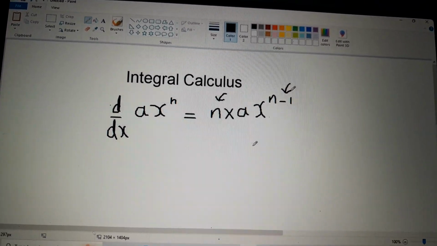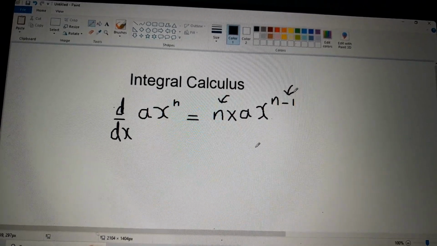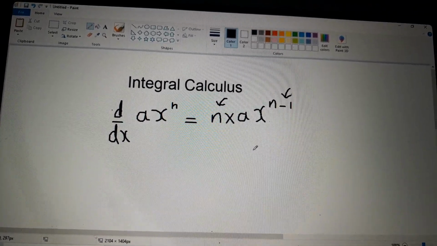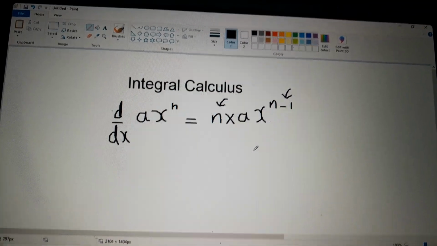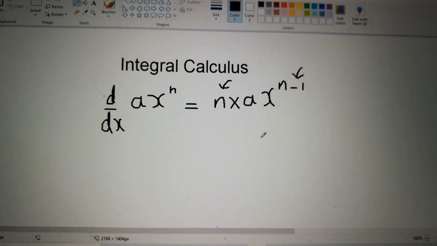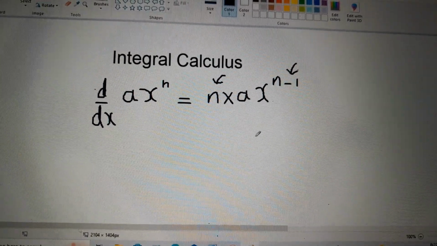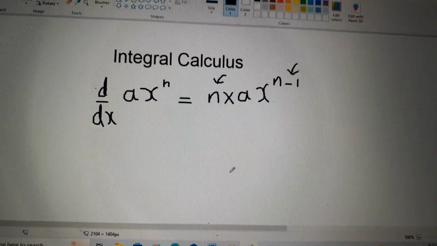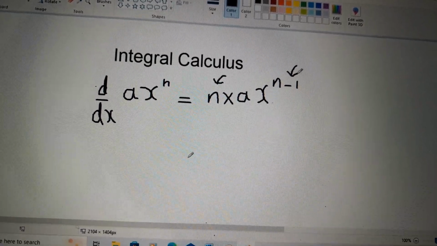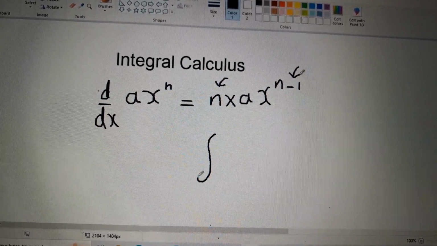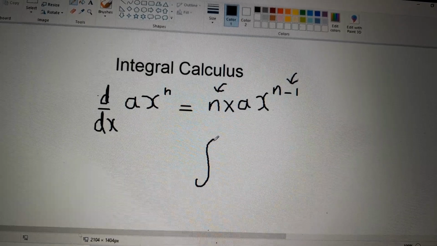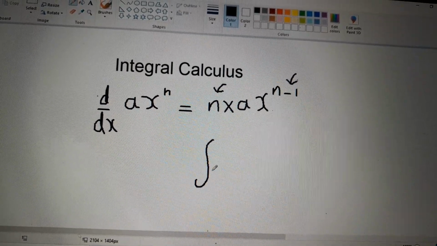Now, integration will undo differentiation. That's what integration does. So let's look at this. If we have a function, and this is the symbol for integration, this tells us that we're going to integrate. So this is the symbol you're going to see.